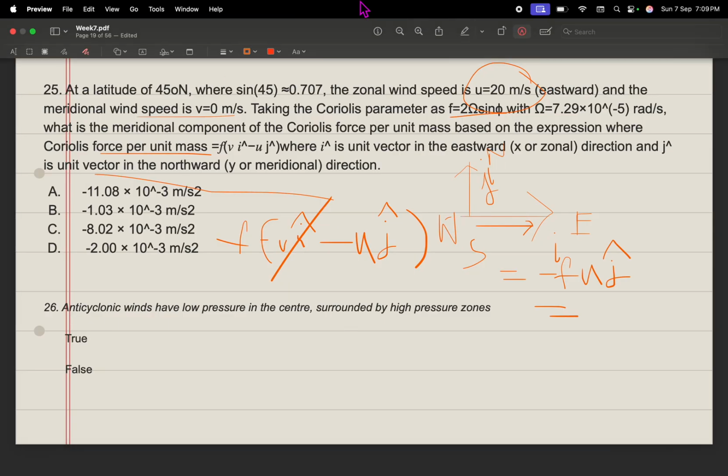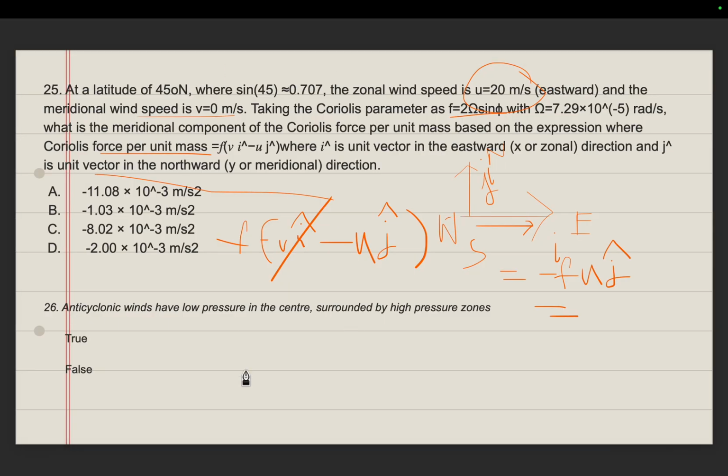Now question 26. Anticyclonic winds have low pressure in the center surrounded by high pressure zones. Is this statement true or false?